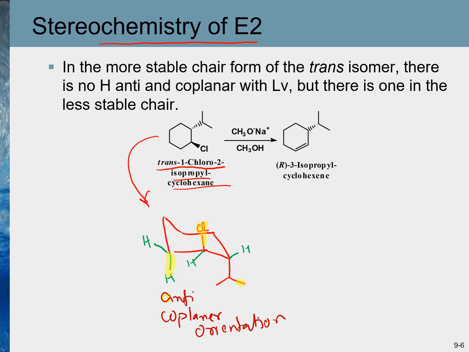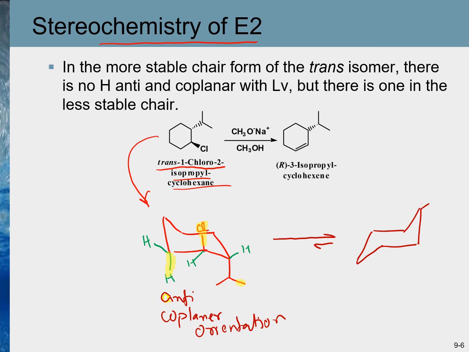Now let's flip the chair conformation and see what happens. And we know that the bulky isopropyl group does not like to be on the axial position. So when we flip the chair, that would be the more stable conformation. So this, of course, is more stable.